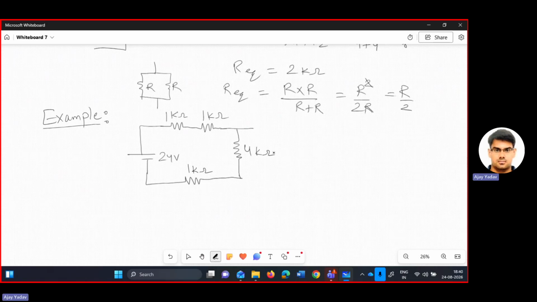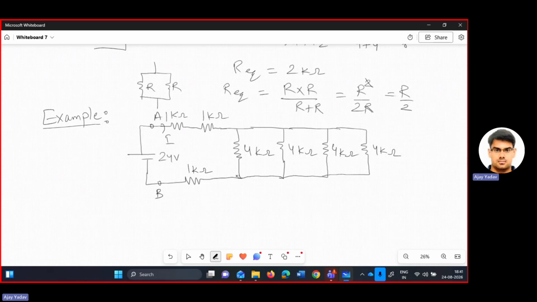Suppose you have 4 kilo ohm resistances, these are in parallel. There is another 1 kilo ohm resistance. Now you have to calculate the resistance between A and B terminal, where this is A and this is B, and you need to calculate the current in this circuit and the power delivered by this source of 24 volt to this circuit.